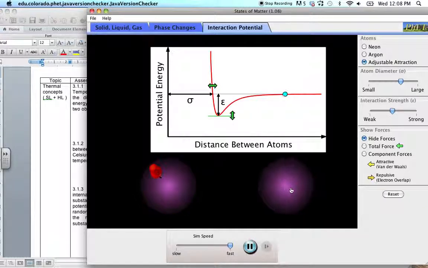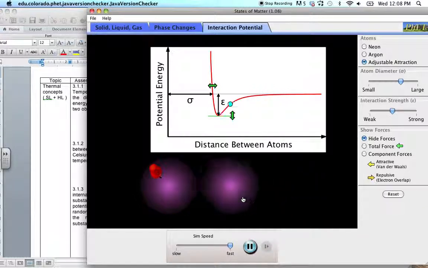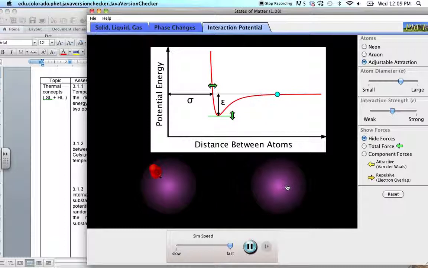So when we bring them closer together, and they start to move closer, we can see here that this particle is vibrating within the energy well of the other molecule. It has got a certain potential energy. As I pull it out, I actually increase the potential energy.